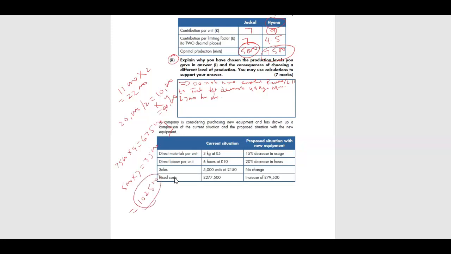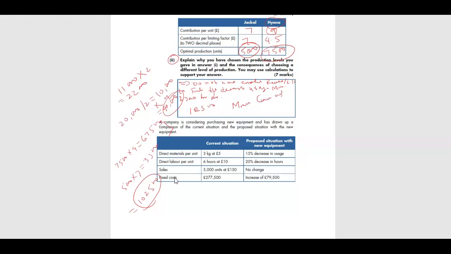And if you decided to make 5,000 of J and 7,500 of H, that will give you a total contribution of 102,500. That's the reason you choose to use the hours more efficiently, and that is the most optimal production plan for the company.